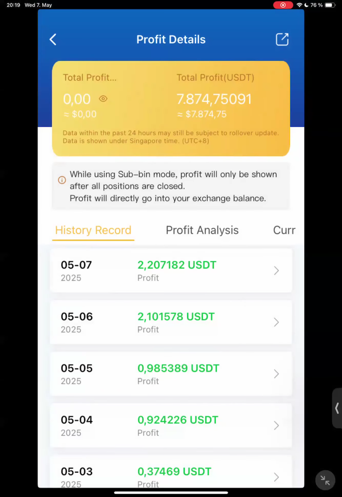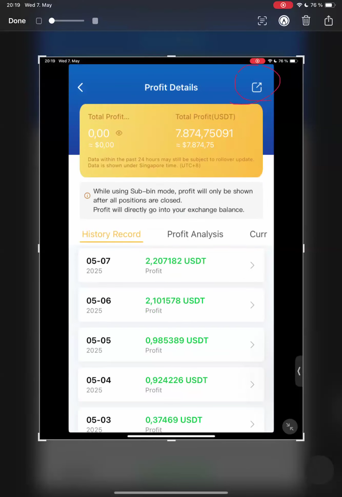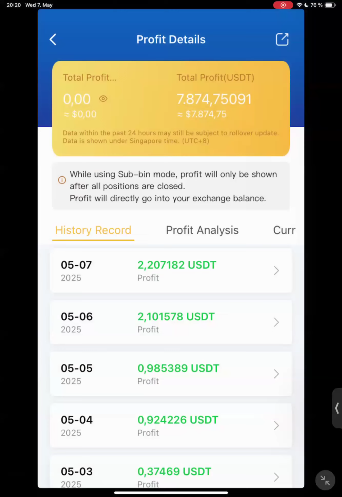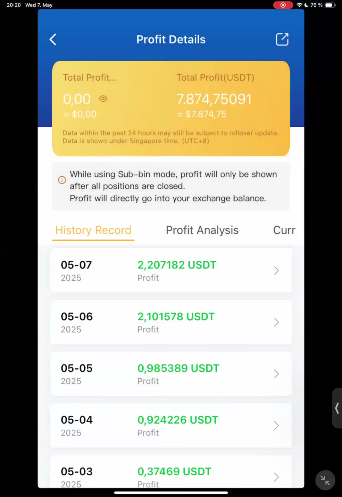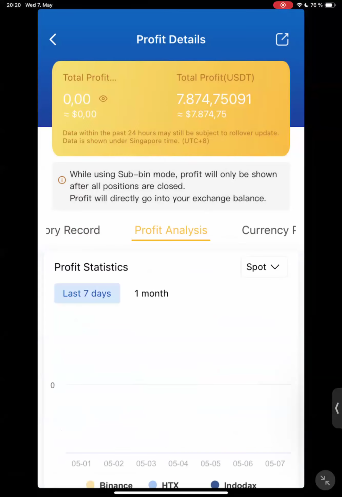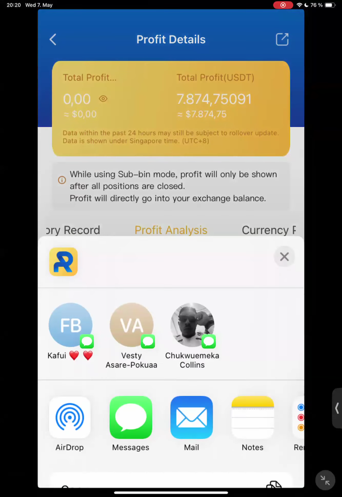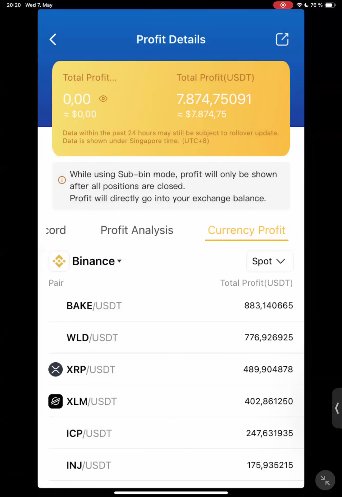Now, this button here, we use it to share. For instance, if you want to forward this page to someone, you can just simply touch on it, then you'll be able to share. Or when you're on the profit analysis as well, once you tap on the share button, it can, or the currency profit as well.